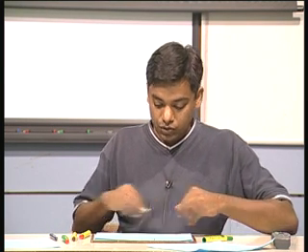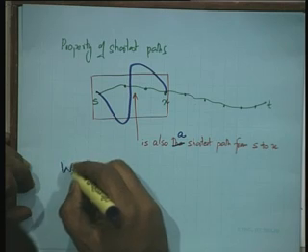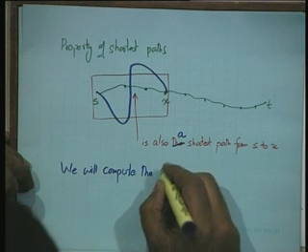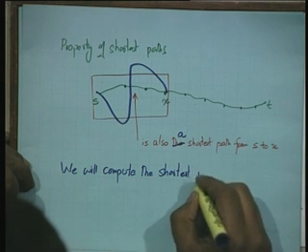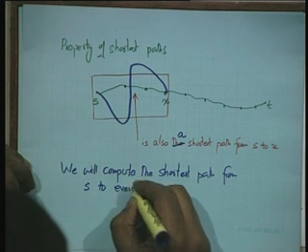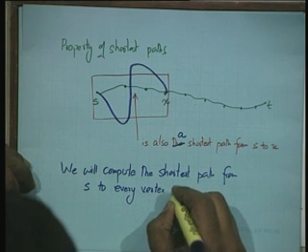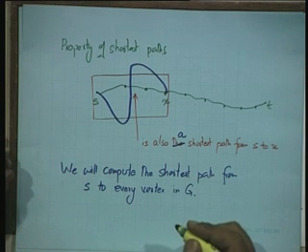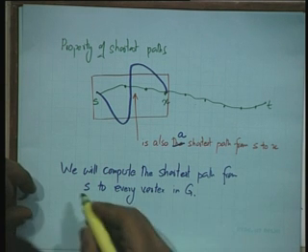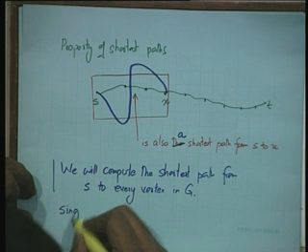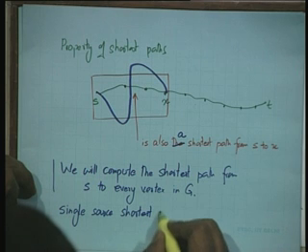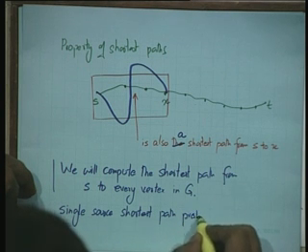Okay? So we will compute the shortest path from S to every vertex in G. So this problem is also called the single source shortest path problem.